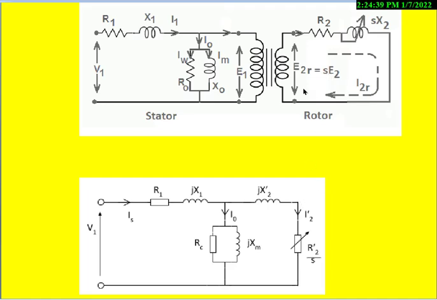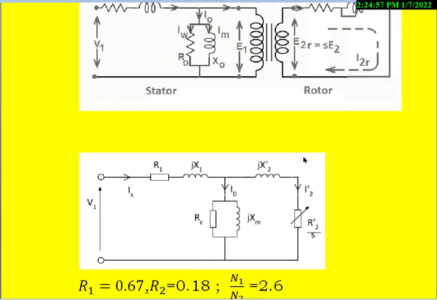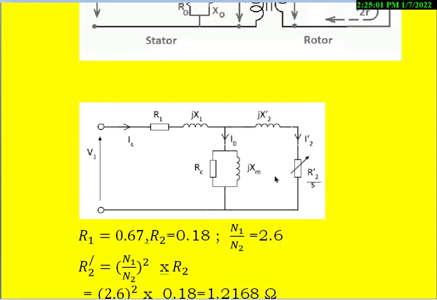But to solve this problem, we need an equivalent circuit referred to the stator side like this. When we transfer R2 and X2 to the stator side, they become R2 dash and X2 dash, and that can be calculated using the turns ratio of the stator and the rotor.